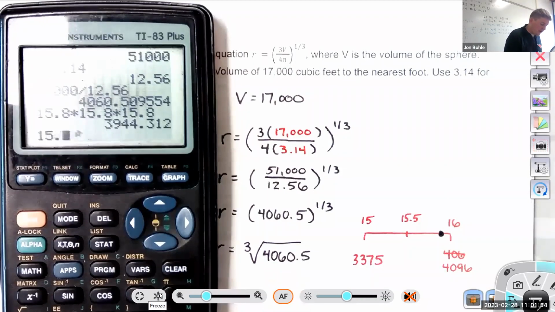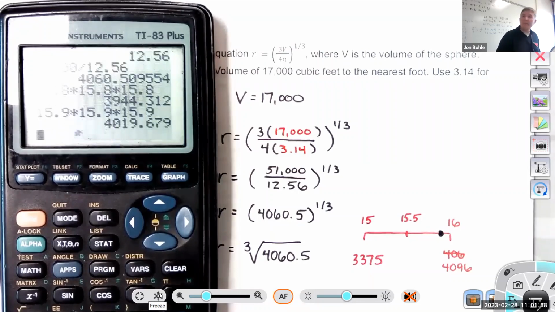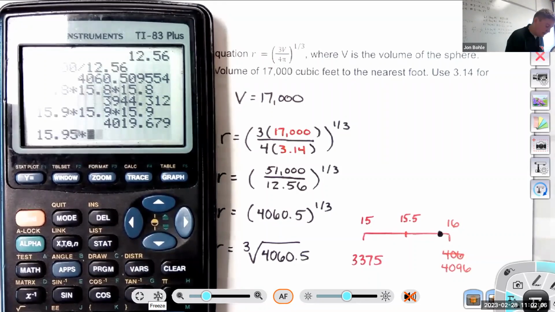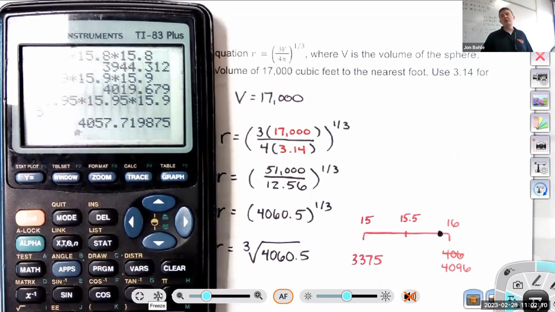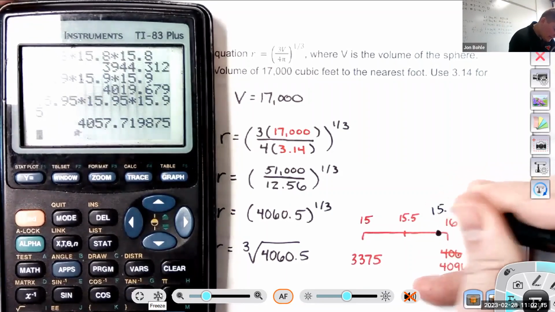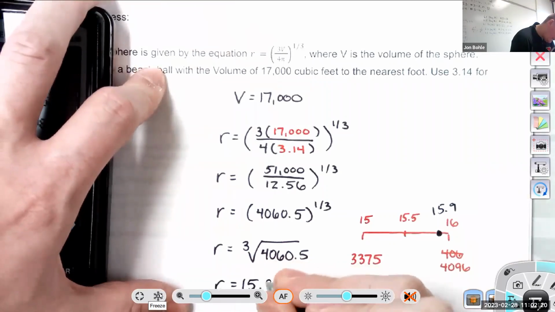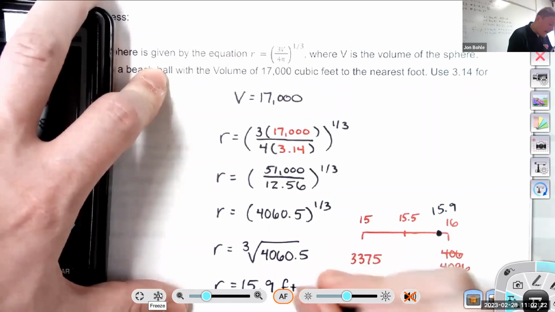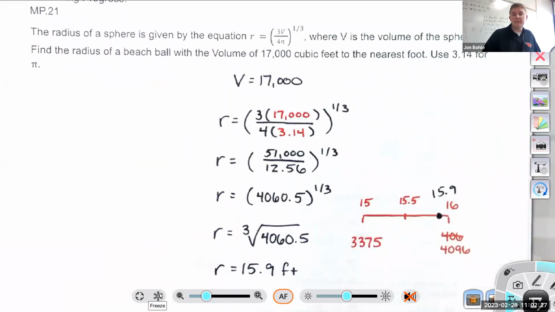No, so I'm going to try 15.9. I would say that's probably a little better estimation. If you wanted to get really crazy, which I would not ask you to do, you could just keep going and look how close it gets, but I'm totally fine with 15.9. And then that radius is a straight line distance. So it's 15.9 feet.